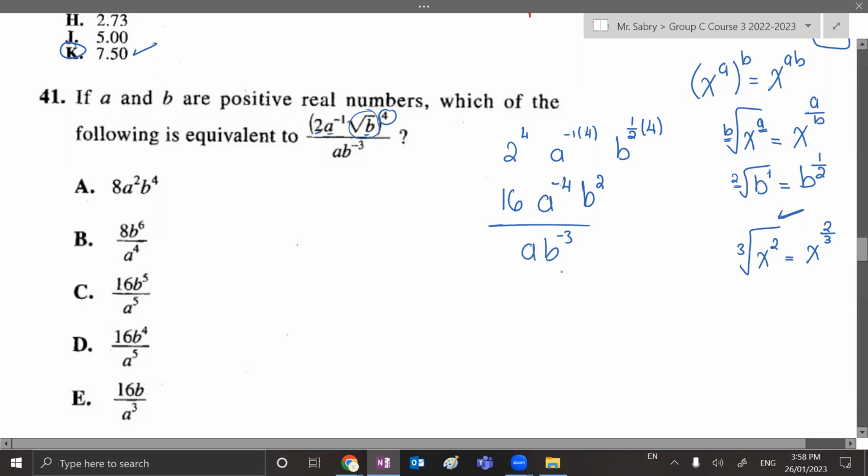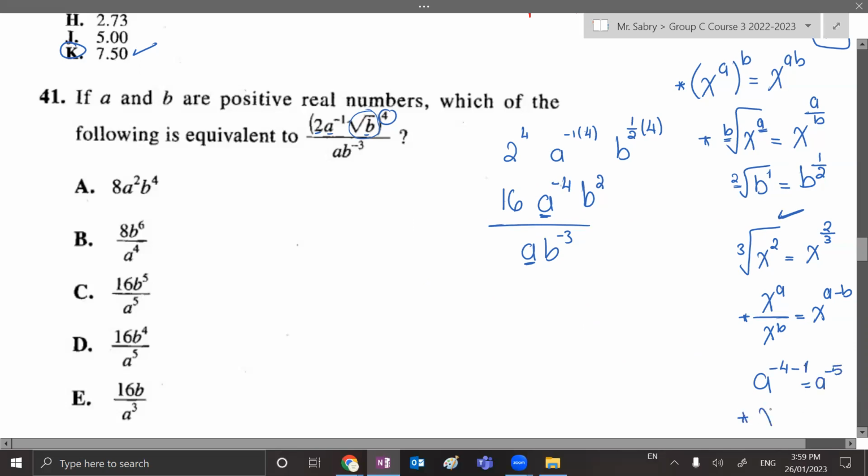Now let's move further. For the like terms when we're dividing, I'm going to work on the a first. When I have a power on top and a power on the bottom, according to this rule, x to the power of a divided by x to the power of b, we're supposed to subtract the powers. So here's a rule. We subtract: a to the power of negative 4 minus 1, which is a to the power of negative 5.